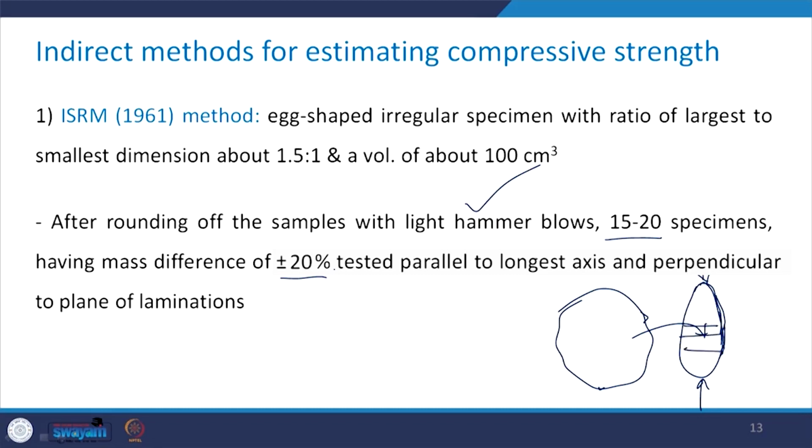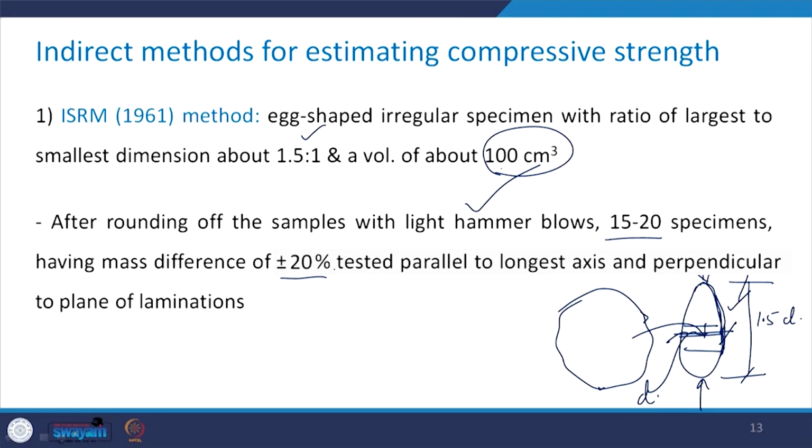The sample is to be prepared keeping these two things in mind, and the ratio of the dimensions can be 1.5:1. That means if this is 1.5 times, let us say D, then this dimension should be D, and roughly the volume should be about 100 centimeter cube. We prepare this type of specimen and then we test it.